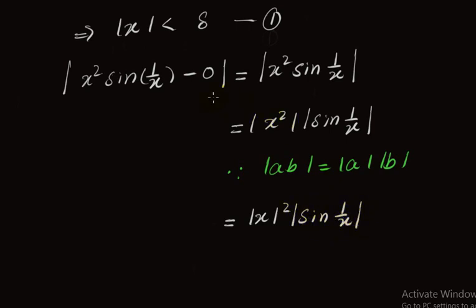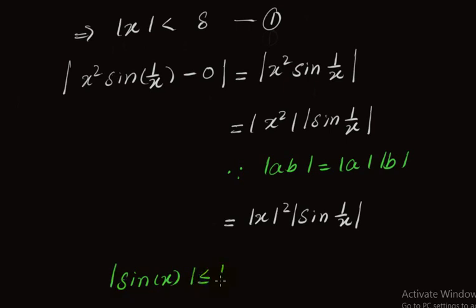Now we try to apply the relation in equation 1, which is mod x is less than delta, and we have another relation, which is mod of sine 1 upon x, or we can write it as mod of sine x, this is less than or equal to 1.